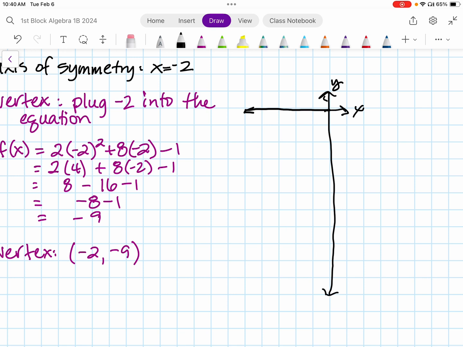Negative 2, negative 1, 2, 3, 4, 5, 6, 7, 8, 9. So that's our vertex. Our axis of symmetry goes right through here also.